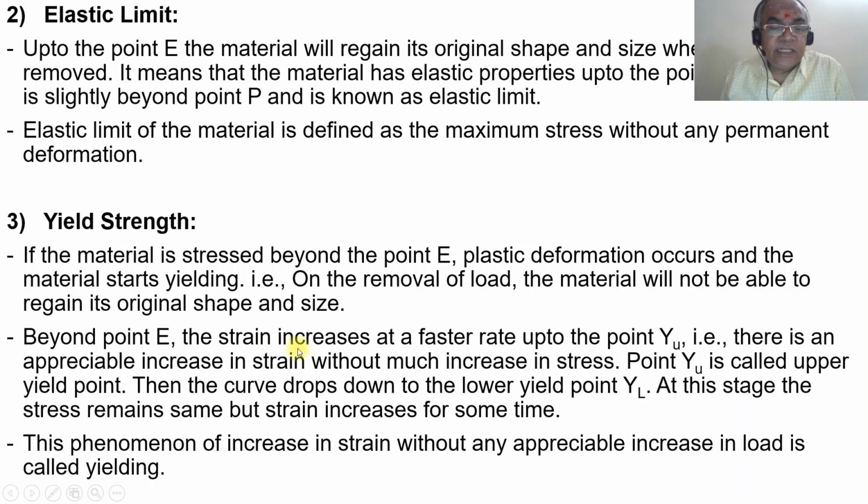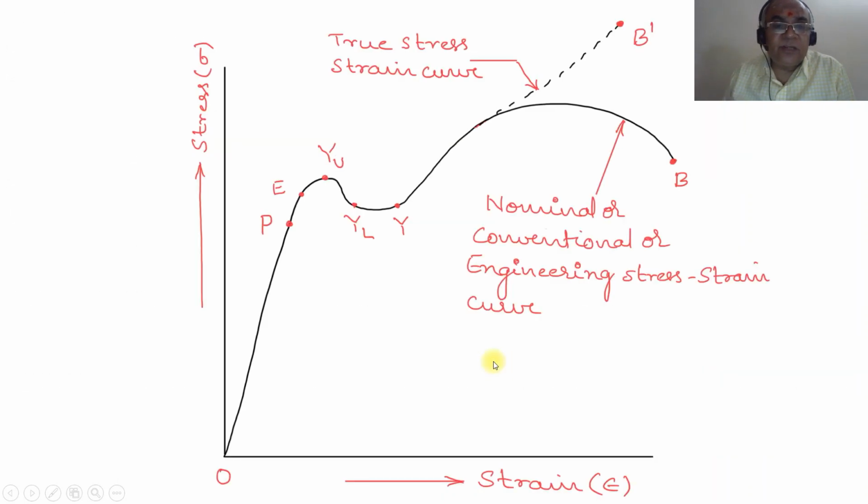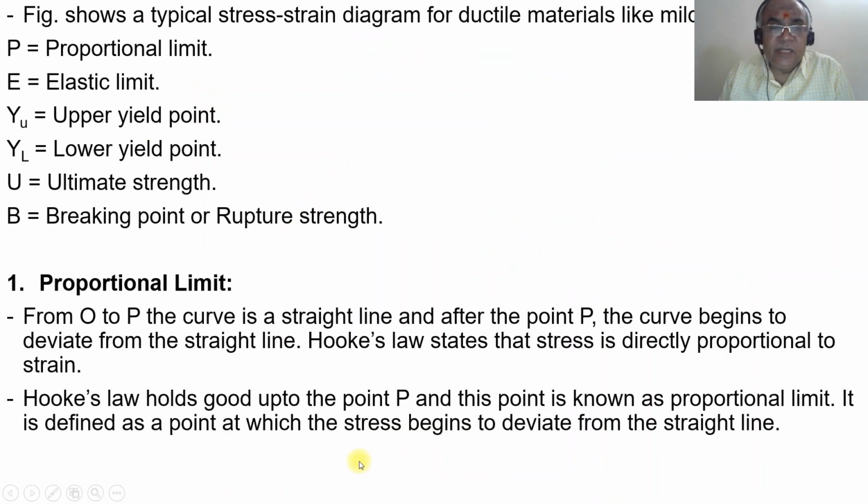Beyond the point E, the strain increases at a faster rate up to the point YU. That is, there is an appreciable increase in strain without much increase in stress. So that is what is mentioned here, up to the point YU, the yield strength.